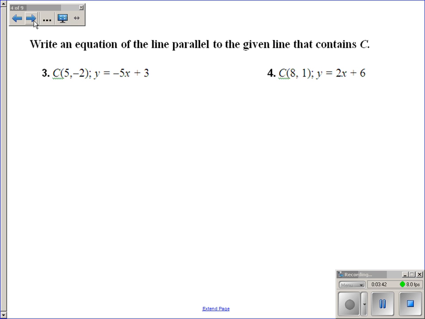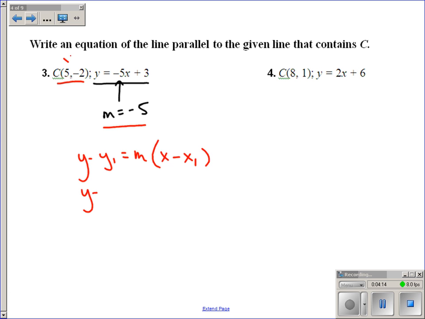Okay, write an equation of the line parallel to the given line that contains point C. Looking at this equation, it's in slope-intercept form, so you should be able to say that the slope is the number in front of x, which is -5. Now using this slope and this point, I can write an equation in point-slope form, which is y minus y1 is equal to m times x minus x1.